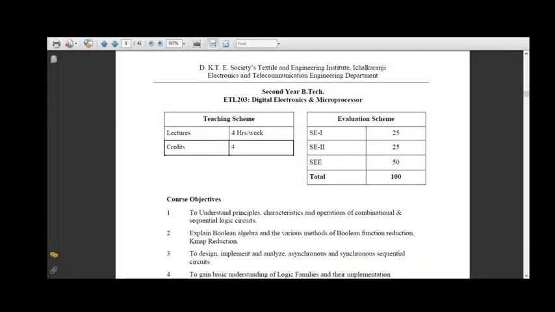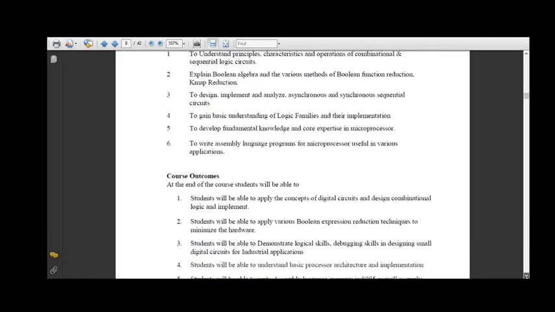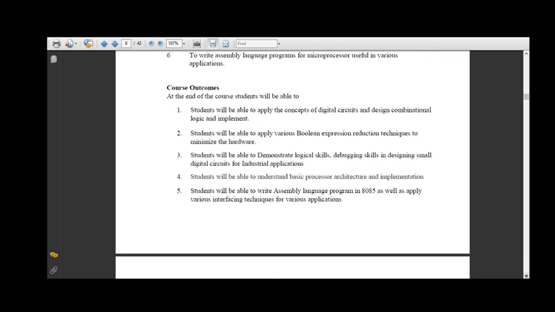To start with, here we are starting with the basic outcomes which are designed for this subject. Those outcomes tell us that when the student completes this course, they will be able to understand the concepts of digital circuits, design combinational logic and implement those circuits.